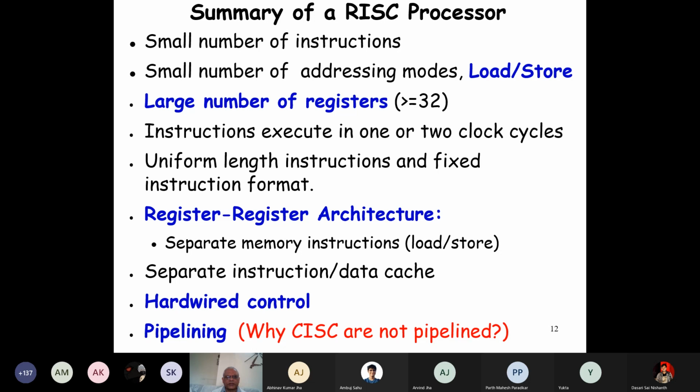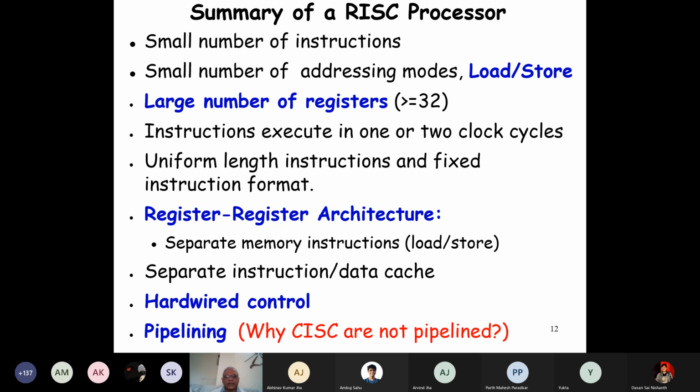So let's have the summary of the RISC processor. We reduce the number of instructions. We reduce the number of addressing modes. We don't support memory instructions anymore. Remember, in memory addressing mode, the source operands are memory addresses and the destination operand is also a memory address.